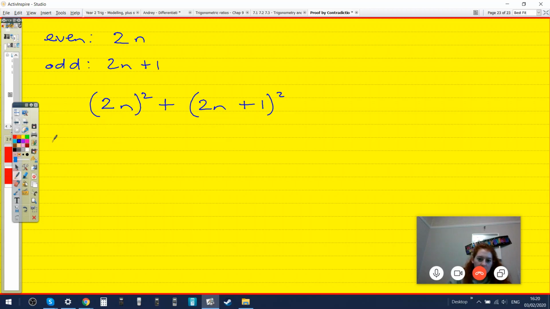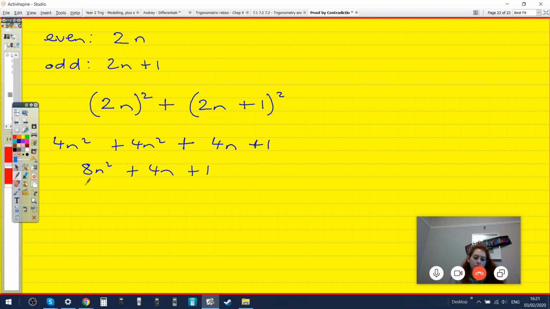That's 4n squared plus 4n plus 1. Yes, so that's 8n squared plus 4n plus 1, and the proof could be show that the sum of the squares of two consecutive numbers, odd and even, is always one more than a multiple of 4.